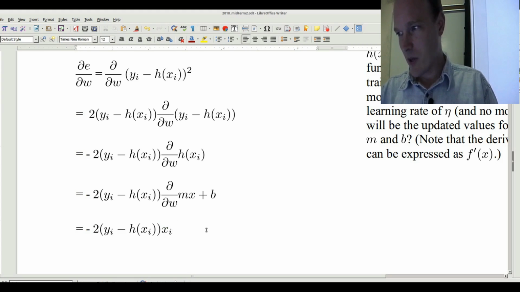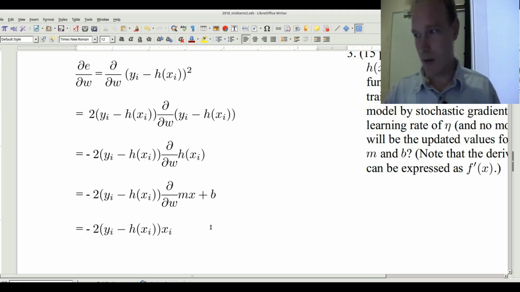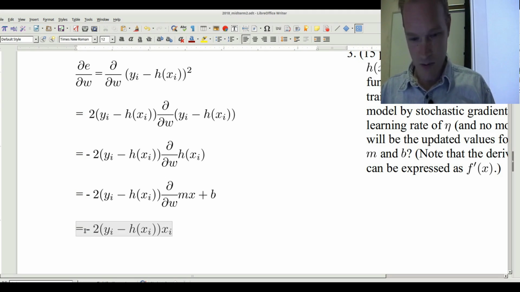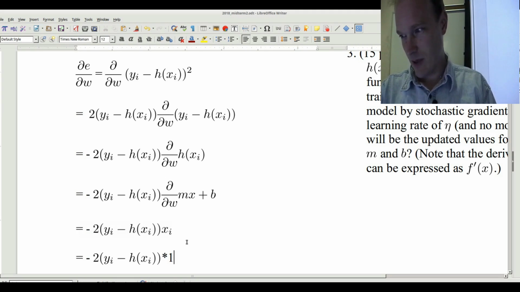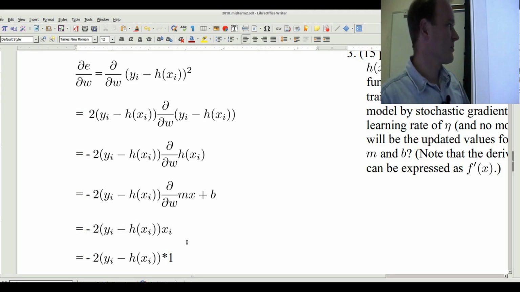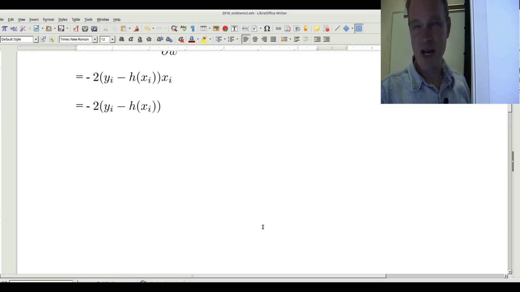And what is the partial derivative with respect to b of mx plus b? Right, so times 1. Can I just drop the times 1? You understand if I just back that out, right?